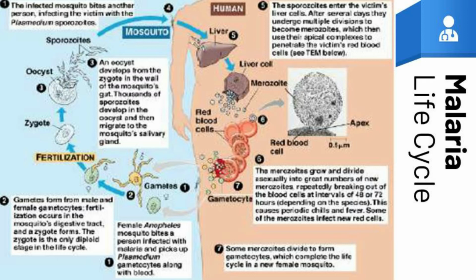So in this malaria life cycle, first one, the infection in humans begins with a bite of an infected female Anopheles mosquito. Next, the sporozoites released from the salivary glands of this Anopheles mosquito will enter the bloodstream during feeding and can quickly invade the liver cells or the hepatocytes.